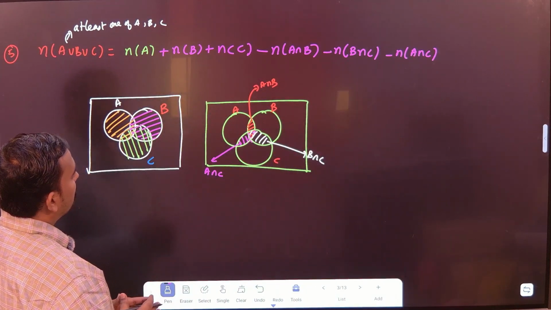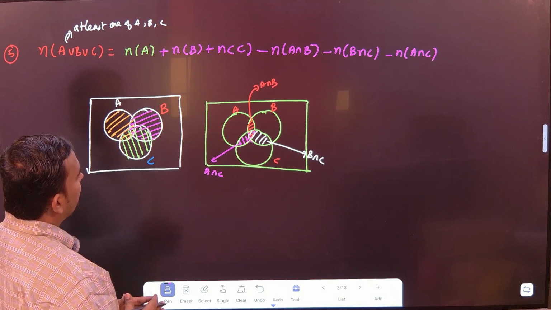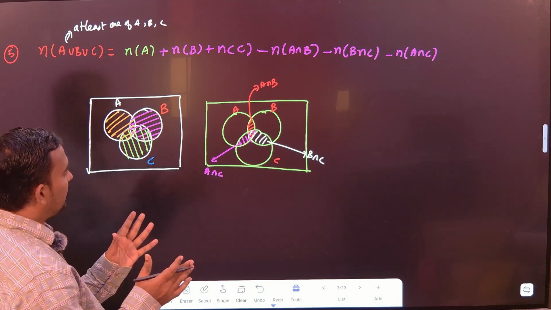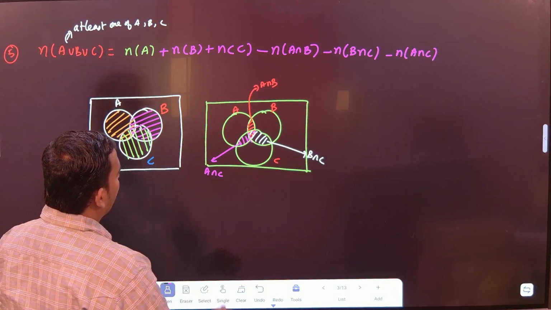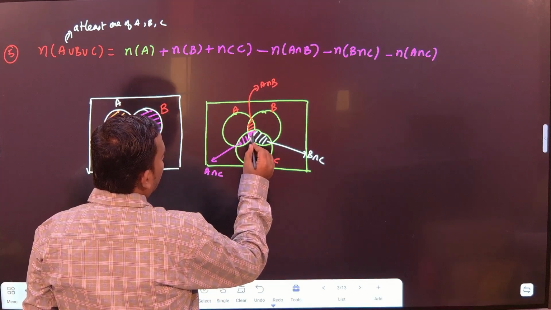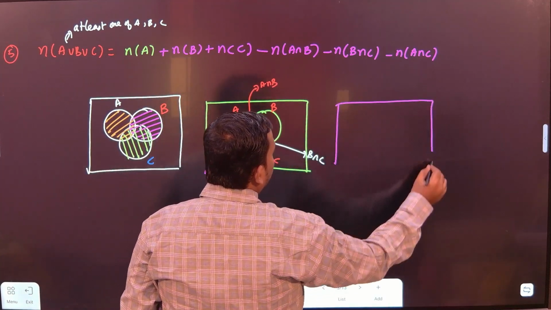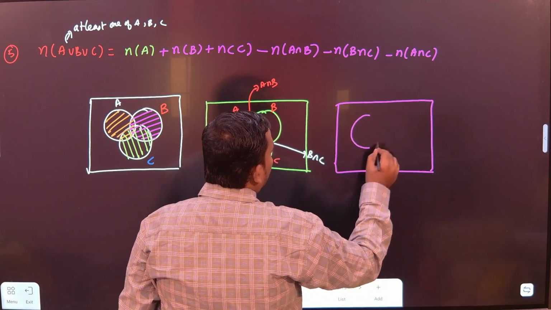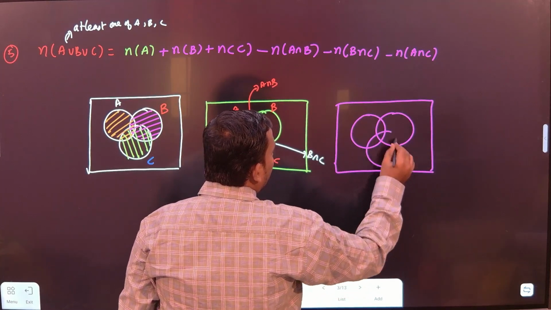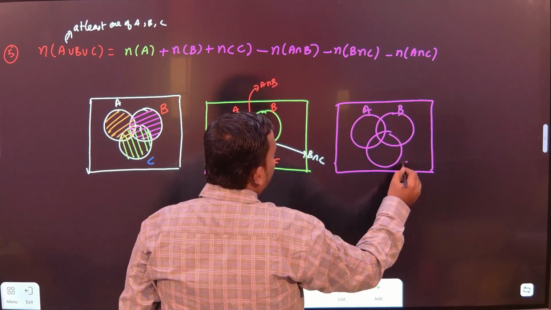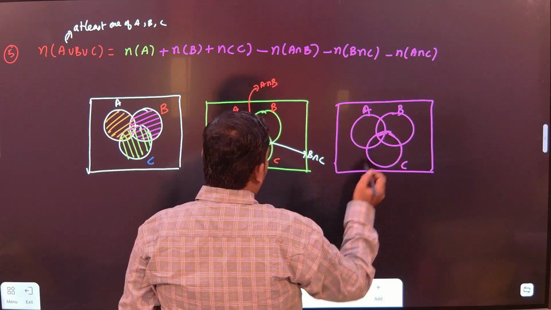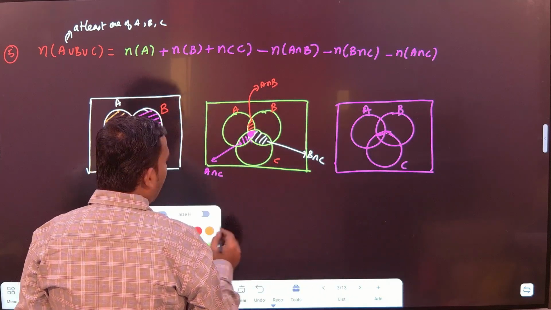And you can see we need A union B union C, still it is not covered, right? Which is not covered? You can see here, this is your A, this is B, this is C, right? Let me take another color.